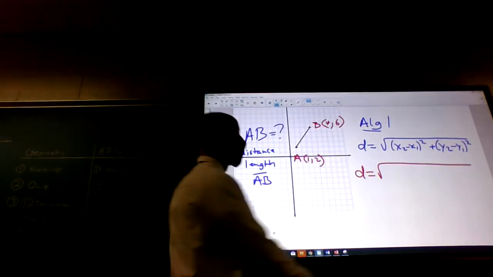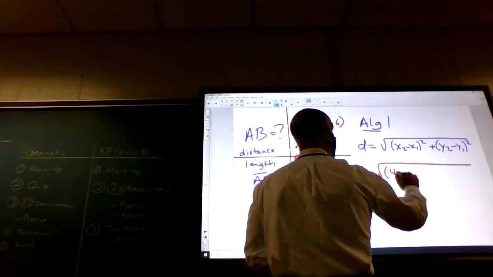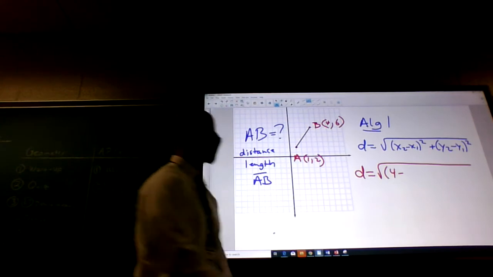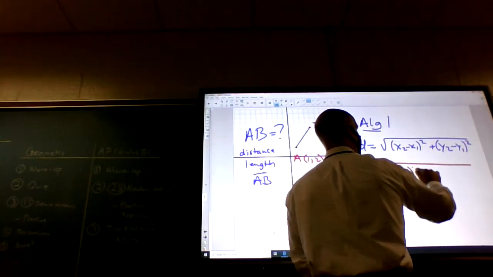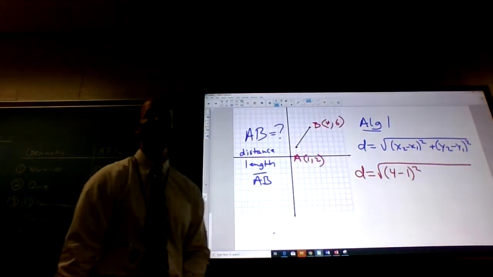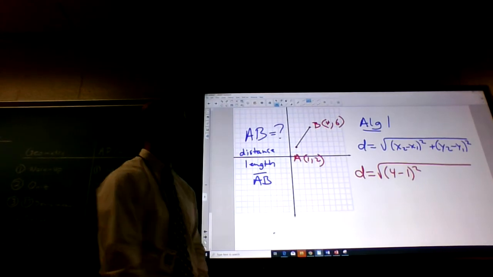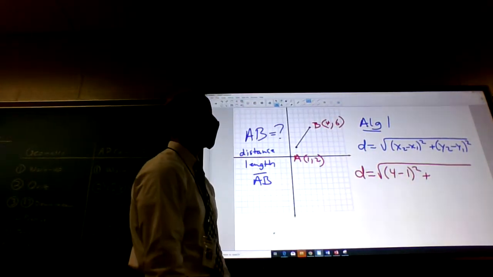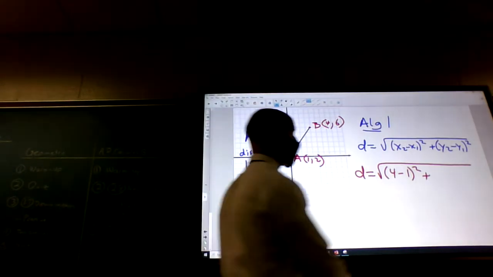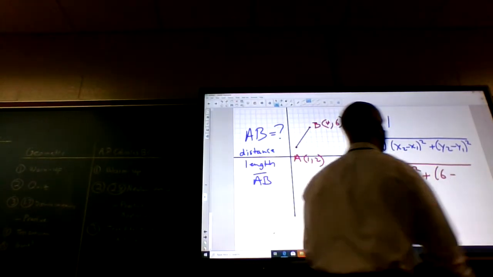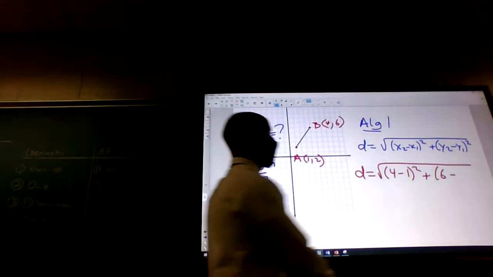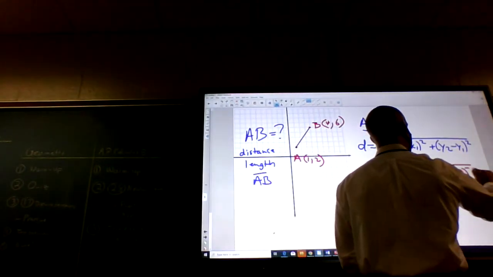So I'm going to say 4 minus, and what's x1? 1. Hopefully this seems familiar because this is done quite a bit in Algebra 1. Plus, what's y2? y2 is 6. And what's y1? 2. He is correct. Now we're rocking and rolling.